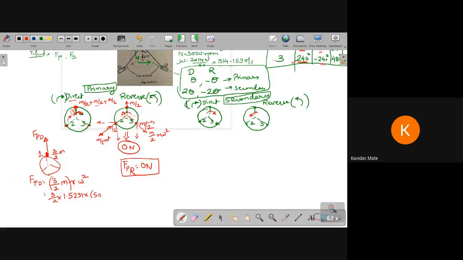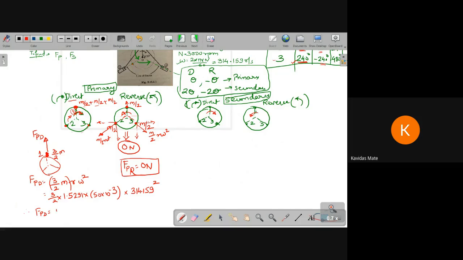So 50 into 10 raised to minus 3 times 3 into omega square. What is the value of omega? It is 314.159 square. Once you multiply all these things, you will get the value of FPD, FP direct. I have that ready-made value, which I had already calculated.